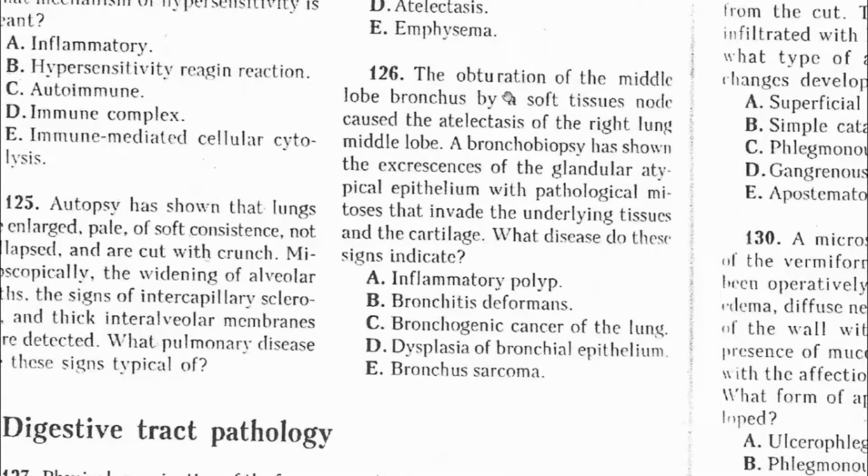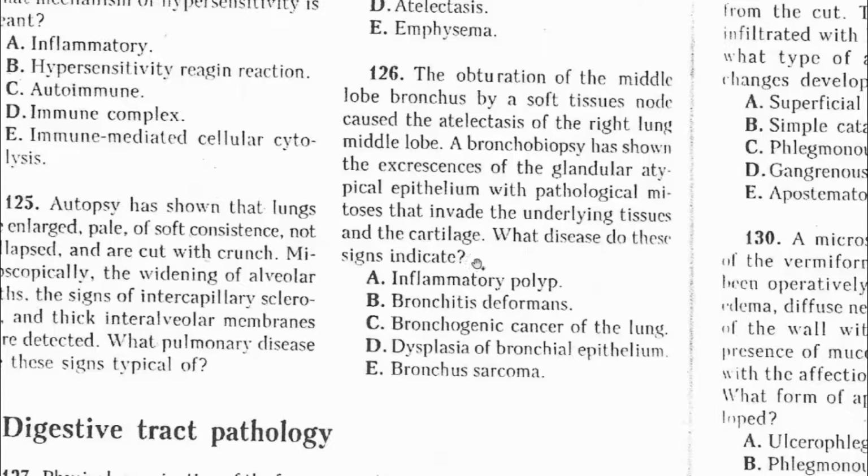The obstruction of the middle lobe bronchioles by a soft tissue node caused the atelectasis, that's collapse of the right lung middle lobe. A bronchobiopsy has shown the proliferation of glandular atypical epithelium with pathological mitosis that invades the underlying tissues and the cartilage.